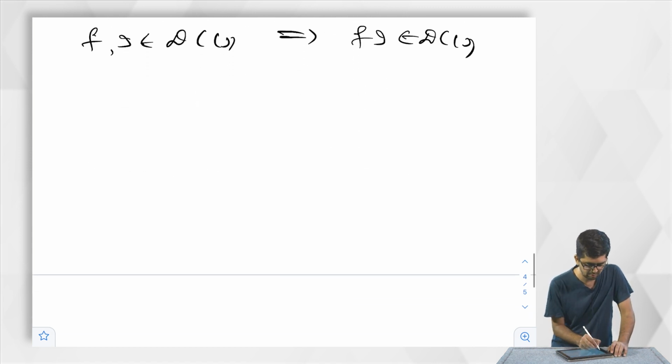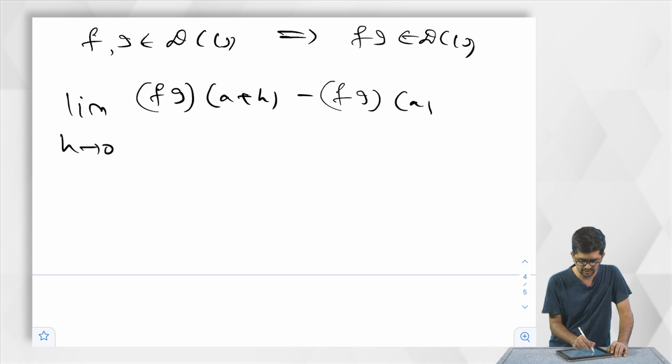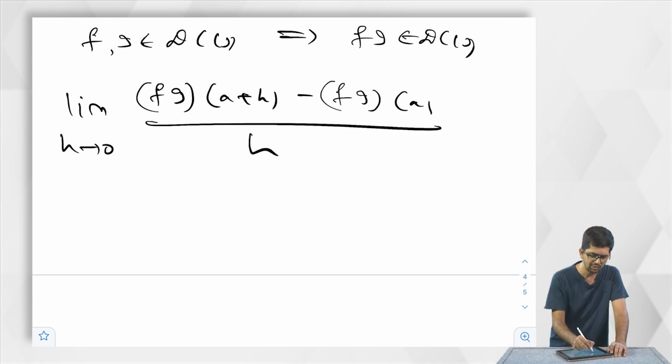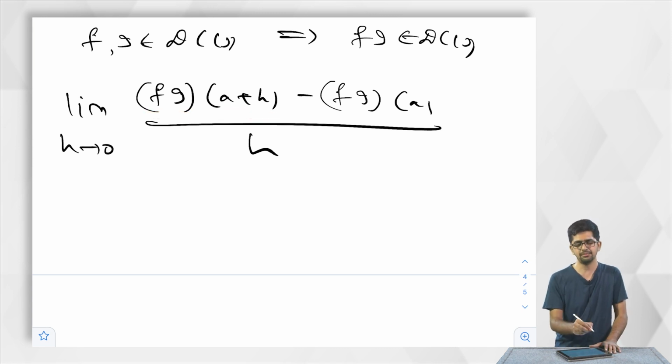So, further what we need to see is the limit as h goes to 0 of (fg of a plus h minus fg of a) by h. How is this defined? fg of a plus h is f of a plus h times g of a plus h. This is the product of two functions.